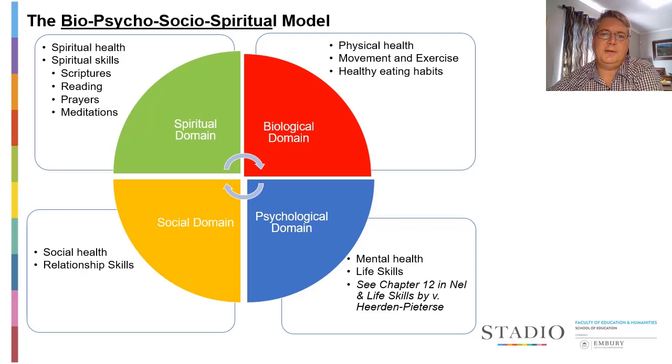That's about physical health. More generally, we can speak about movement and exercise, and healthy eating habits. Those are the two most important aspects that go into the biological domain. Of course, there are many related ideas and concepts, and you're going to have to read that chapter to acquaint yourself with those.